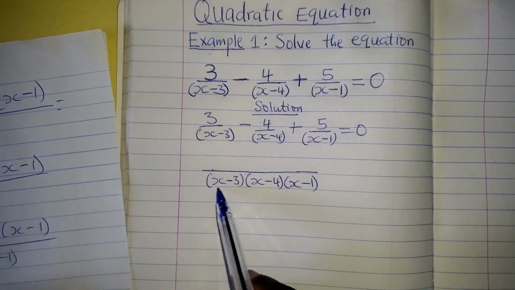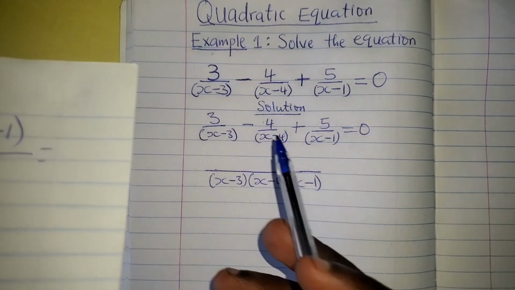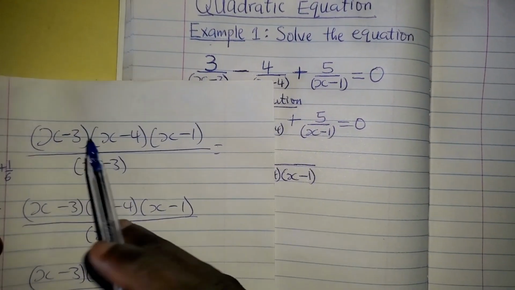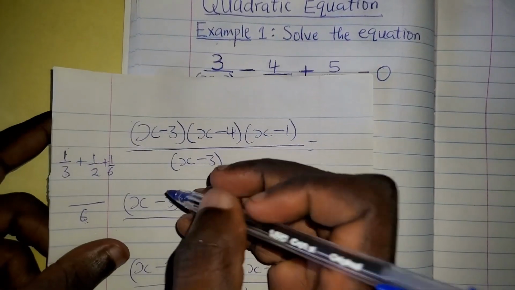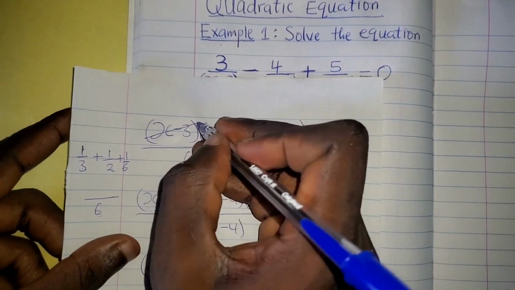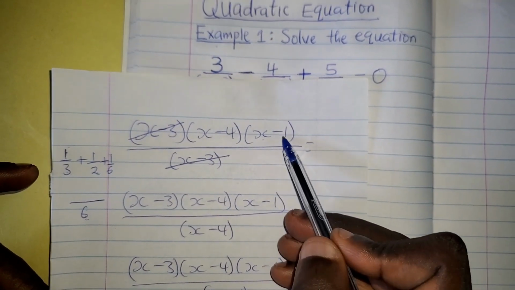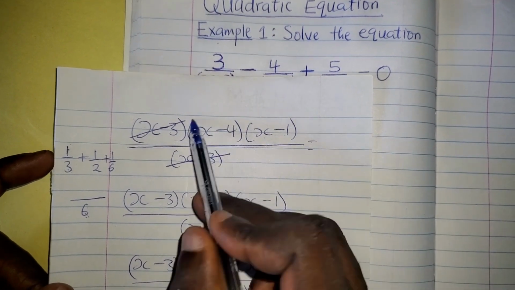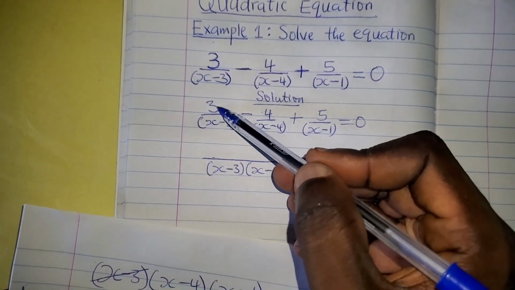Likewise, this LCM divided by this, and that was what I did here. The LCM is this divided by this, which is this. So what will I have? This will cancel this. I'll be left with what? x minus 4 and x minus 1. So I will now use this x minus 4 and x minus 1 to multiply this 3 here.